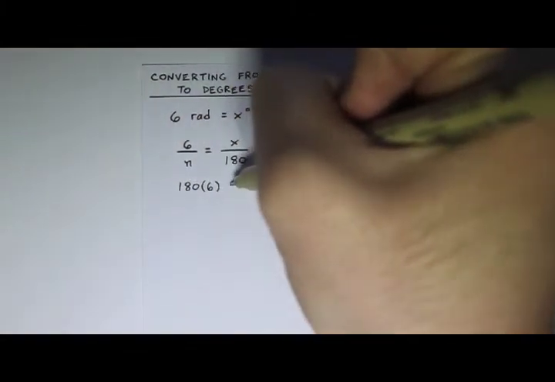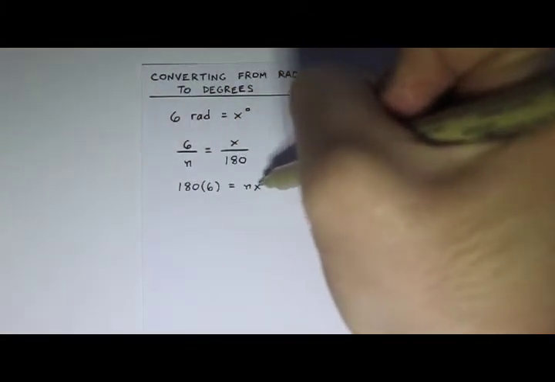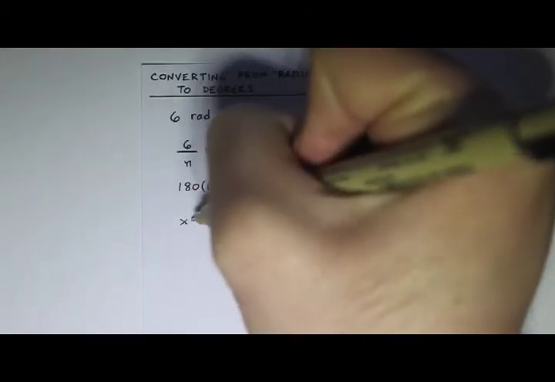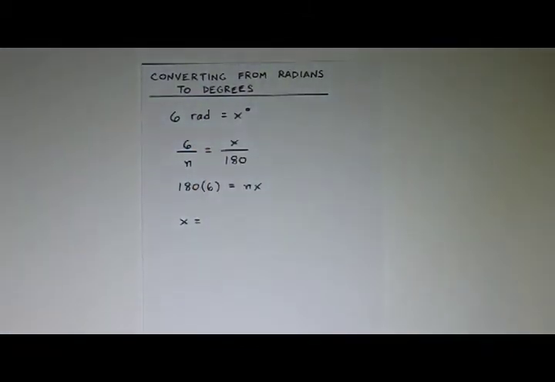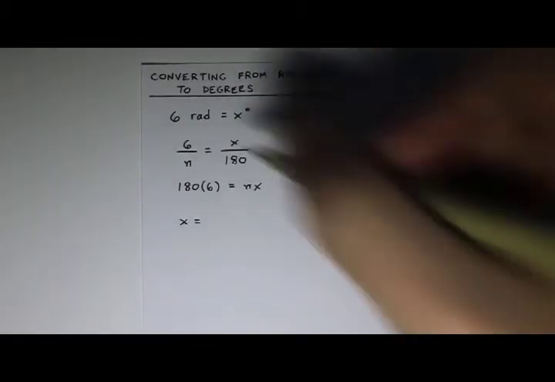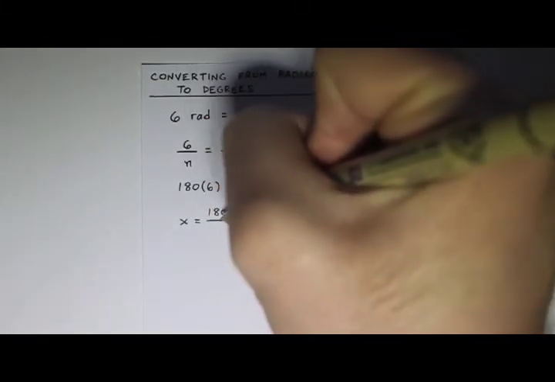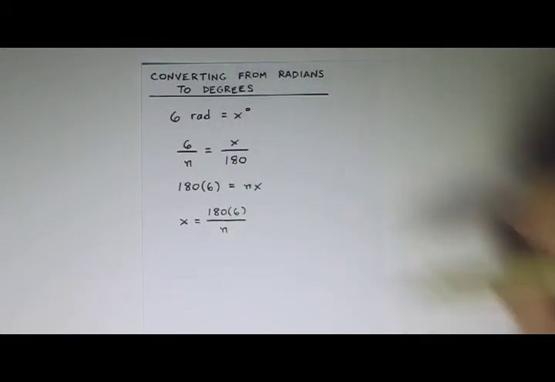So 180 times 6 equals pi times x. And so if I want to get x by itself, I can divide both sides by pi or multiply both sides by 1 over pi as I did in the previous example. Either one works. And so we would get 180 times 6 divided by pi.